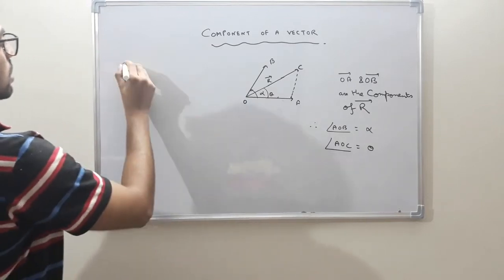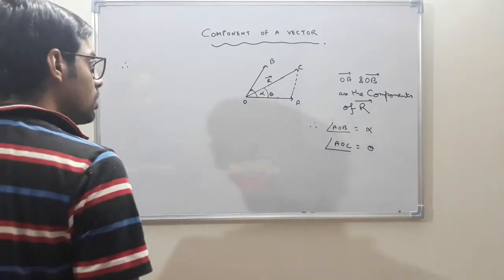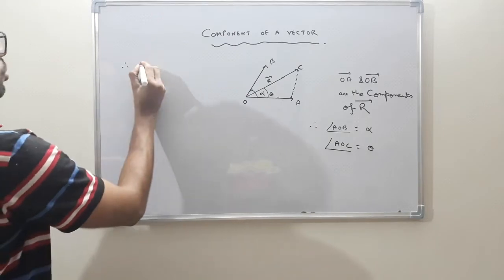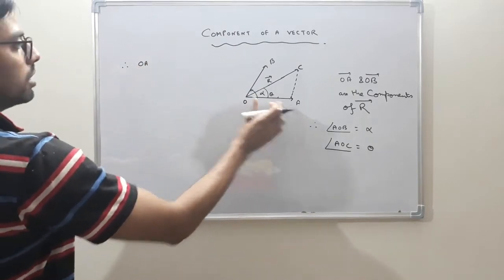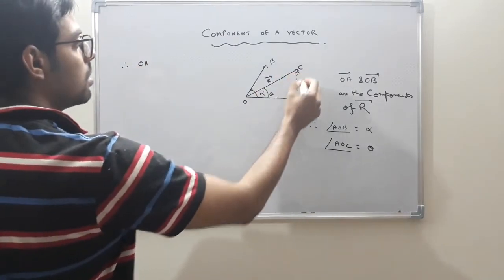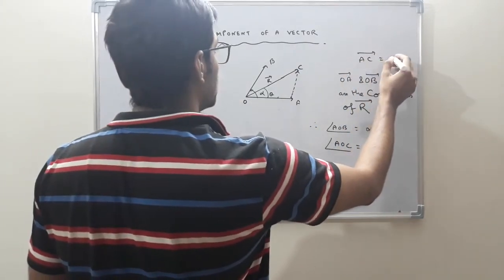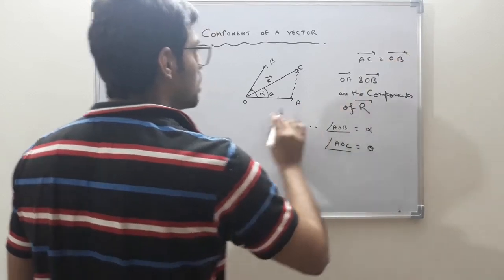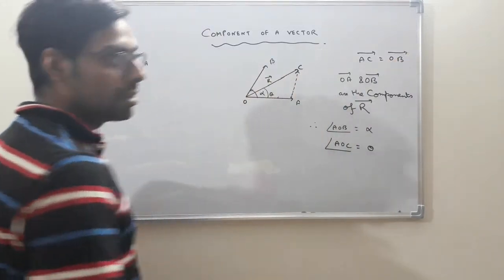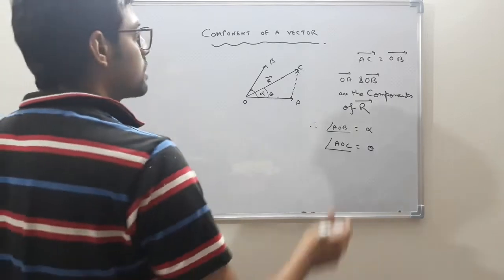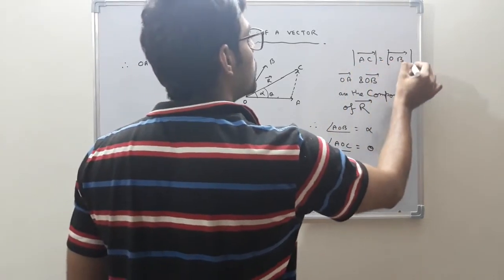Therefore, from the basic geometry rule, the AC vector represents the OB vector. AC vector and OB vector are in the same direction. Mod of AC equal to mod of OB.